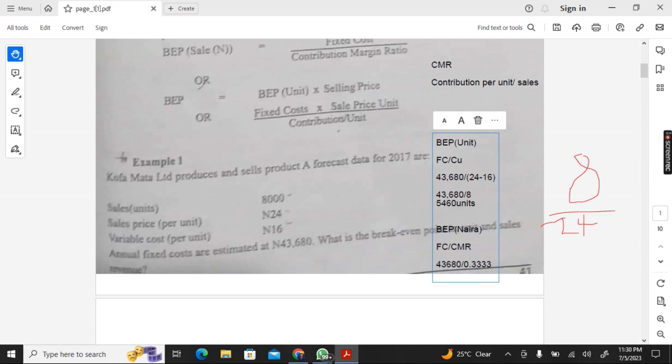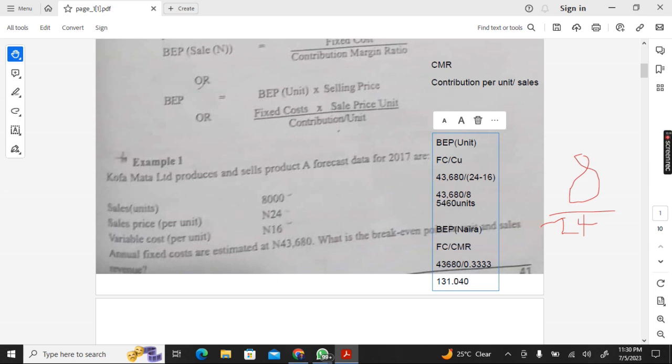43,680 divided by 0.3333333 means we have 131,040 naira.